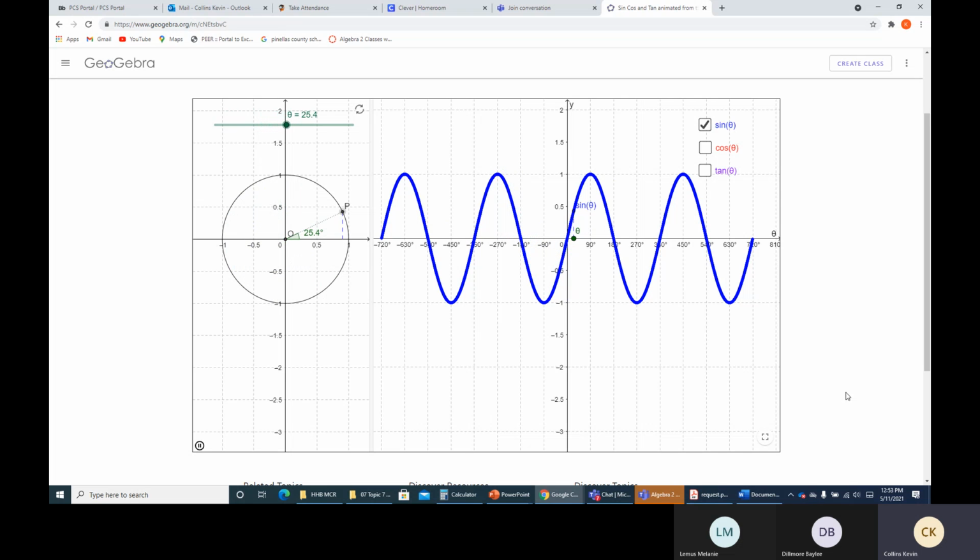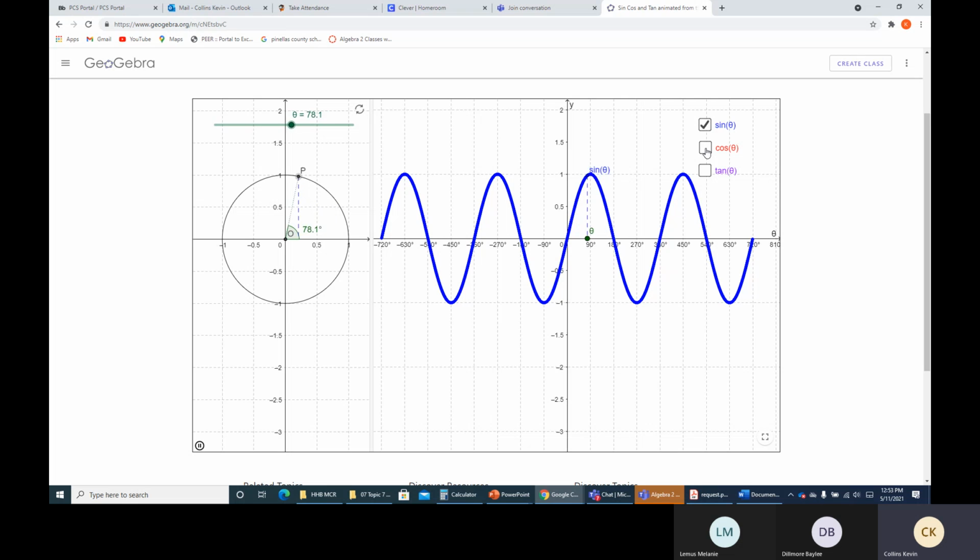So cosine is how far are we left and right. So again, it'll bounce back and forth between 1 and -1, but we'll start here at 1 because that's where you get on the Ferris wheel. You're getting on the Ferris wheel, in this case, at the furthest to the right. And then as you go up, you'll eventually get as far as you can go left, and then you'll come back over to the right.